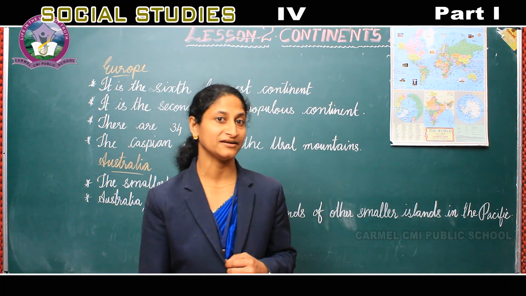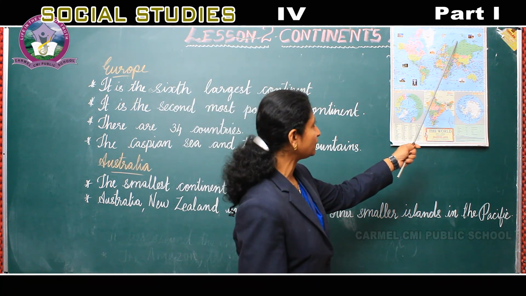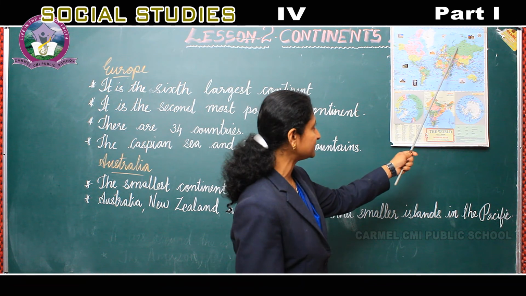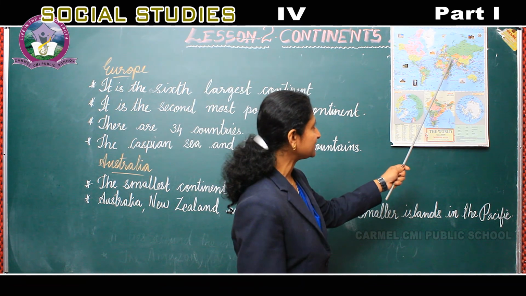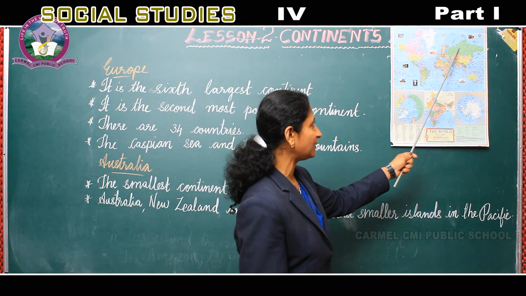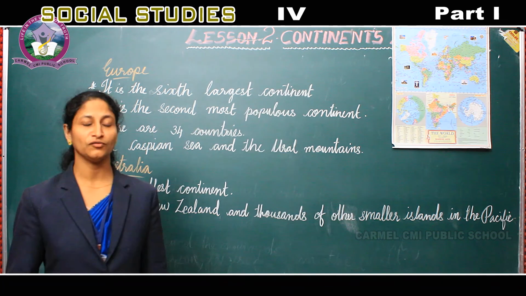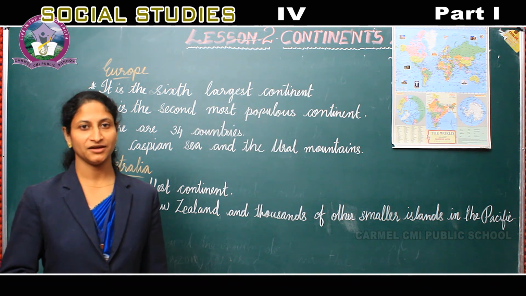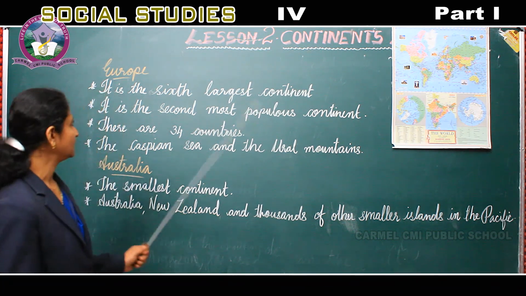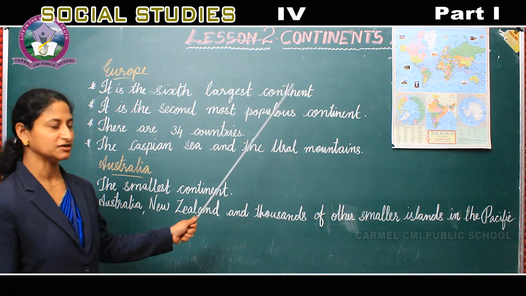Children, look at the world map. See, the location of the Ural Mountains is here, and this is the Caspian Sea. The Caspian Sea and the Ural Mountains separate Asia from Europe. Europe is the sixth largest continent of the world.